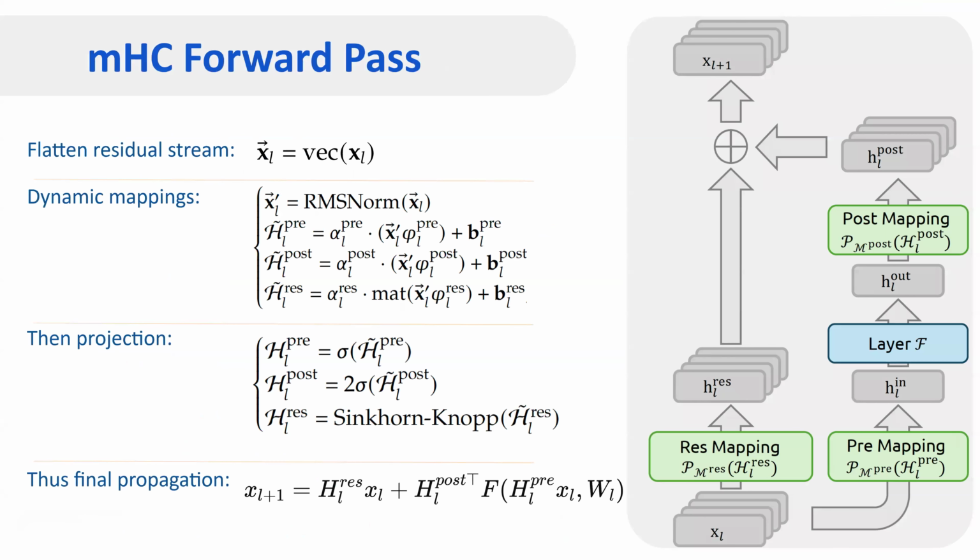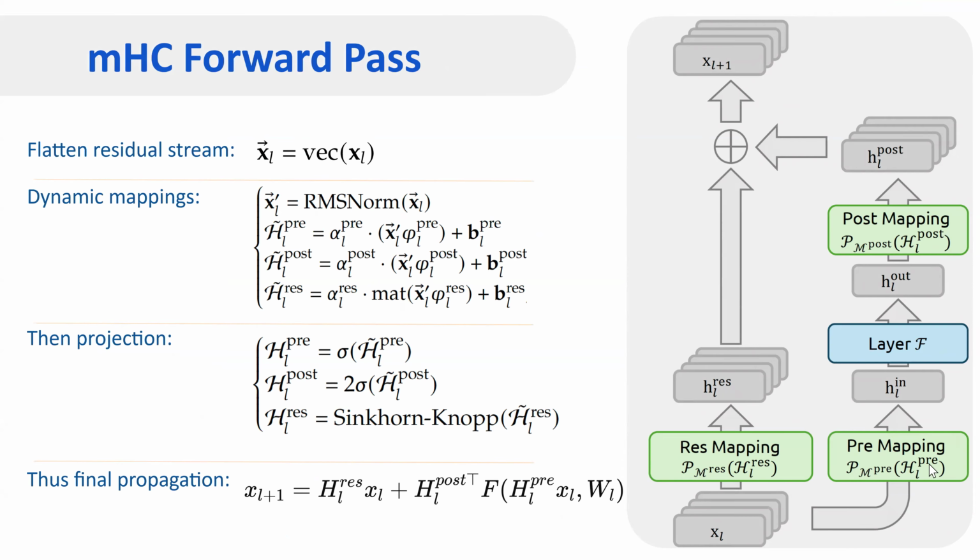And based on all we have said so far, they propose this architecture. This is the main architecture of mHC, this paper. And here is the process. As you can see, we have 3 mappings here.